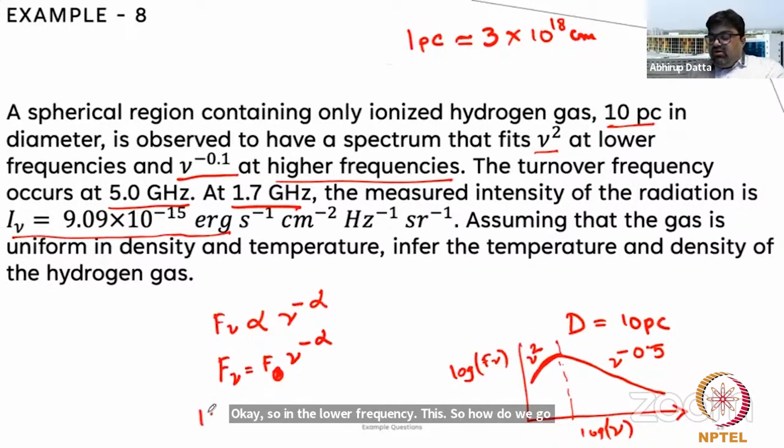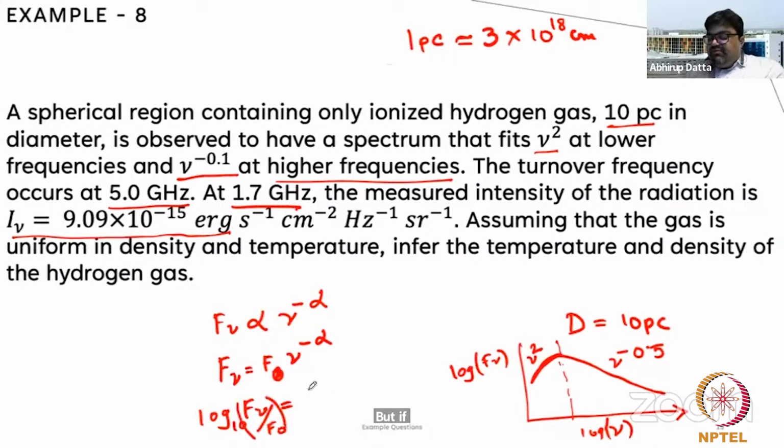If you take the log of both sides, log of F nu over F0 is nothing but minus alpha log of nu.